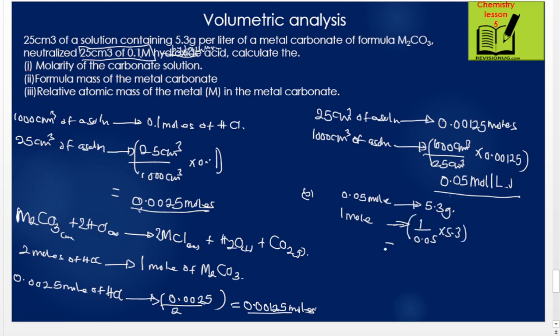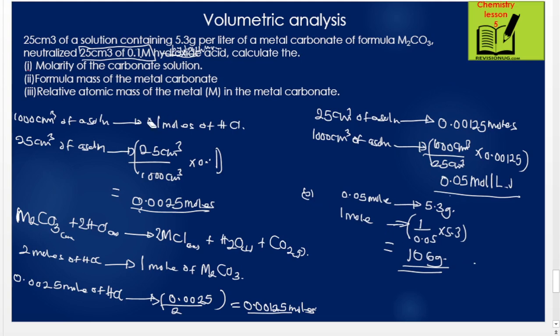Then 1 divided by 0.05 gives us this, then times 5.3, so it is 160 grams. So this is the relative formula mass for M2CO3.